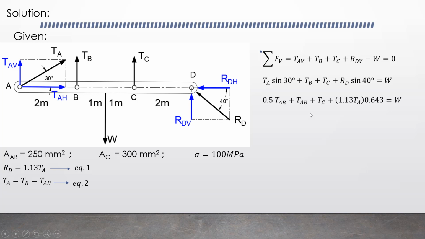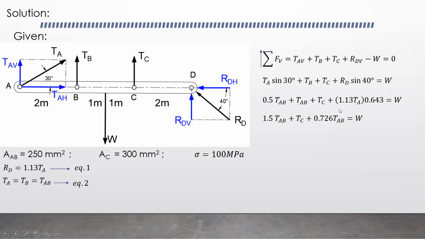So to further simplify our equation, since we already have the value of RD, we're going to substitute the value from equation 1. So it is equal to 1.13 TA.